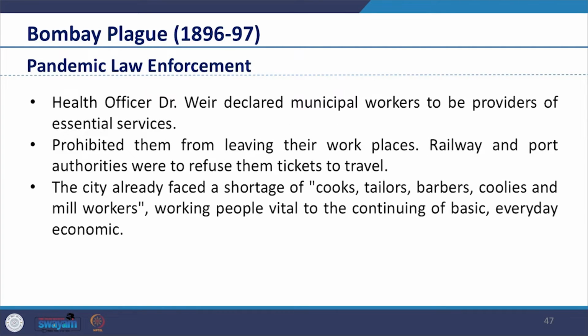To prevent the nightmare from worsening, the health officer declared municipal workers to be providers of essential services and prohibited them from leaving their workplace. Railway and port authorities were to refuse them tickets to travel. If necessary, they were to be detained by force. The city already faced a shortage of cooks, tailors, barbers, coolies and mill workers, working people vital to the continuation of the basic everyday economy.